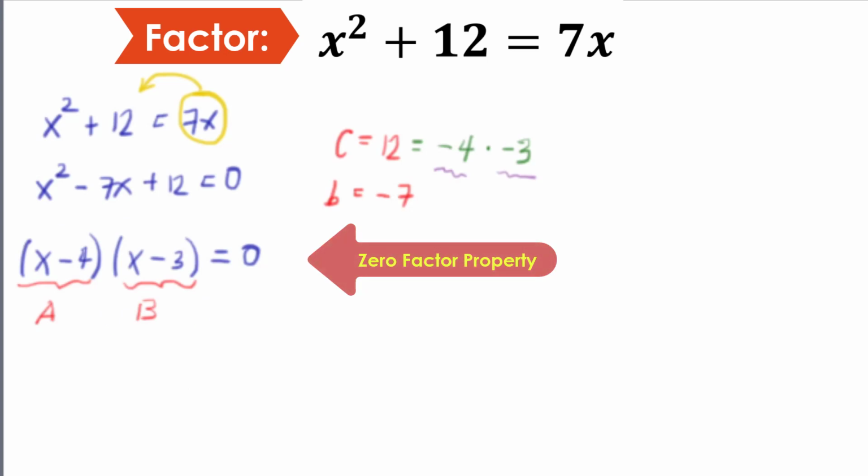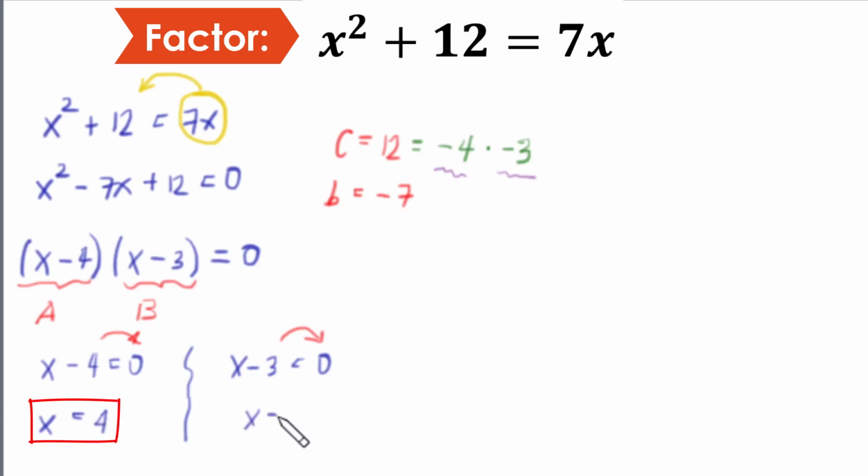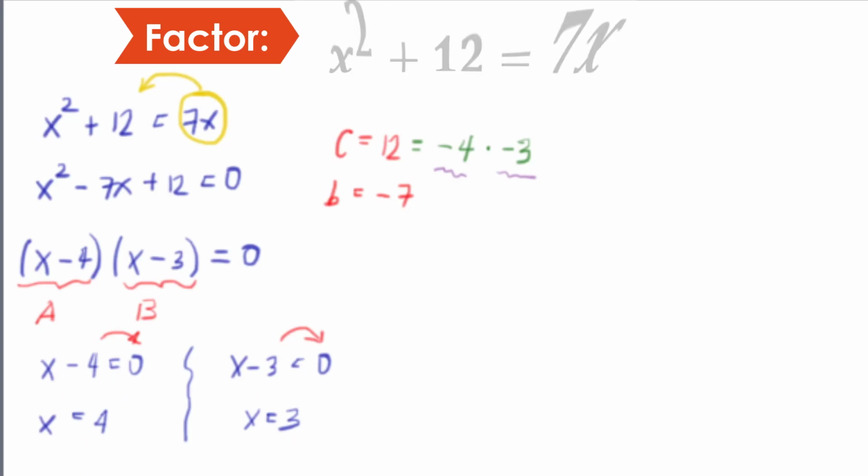So we will just equate this to 0. So x minus 4 equals 0 and x minus 3 equals 0. And then we just simply transpose it to the other side. So it will become x equals positive 4, and x equals positive 3. So these are your answers.